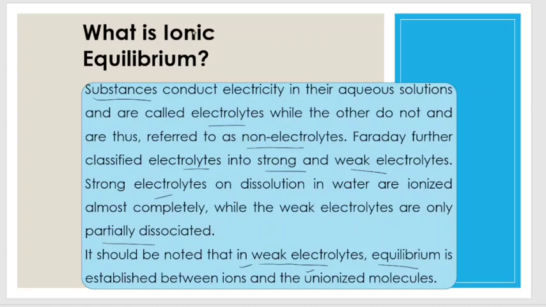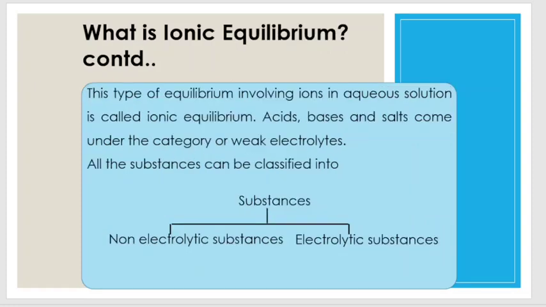Suppose we consider a weak electrolyte like HA. When it dissociates in the water, H plus and A minus will be formed. As it is a weak electrolyte, it will not completely dissociate, and moreover the dissociated ions come back to the original substance, and hence there exists equilibrium between undissociated substance and the ions. That is what the ionic equilibrium is all about.